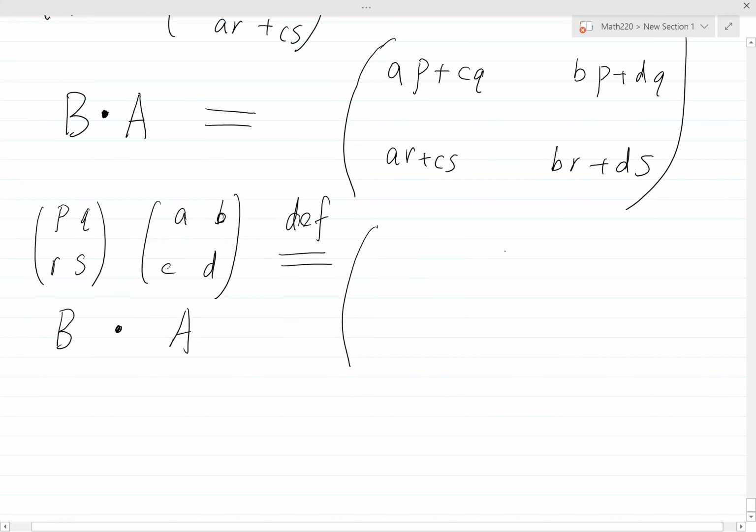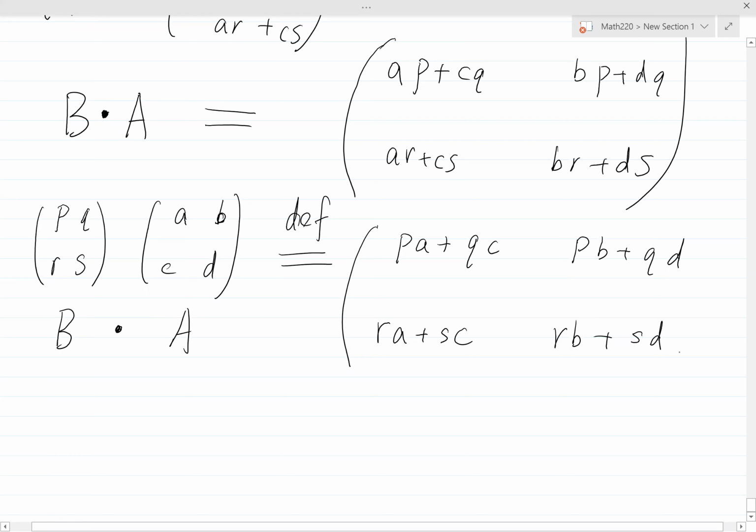Put PQ first: PA plus QC, and this is PB plus QD. And then this is RA plus SC, and this is RB plus SD.